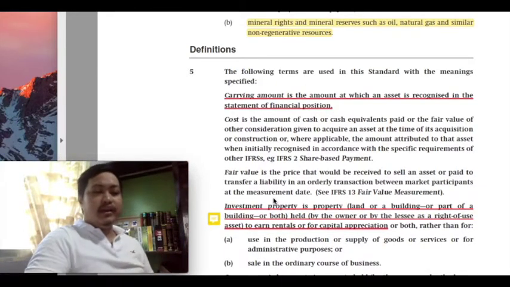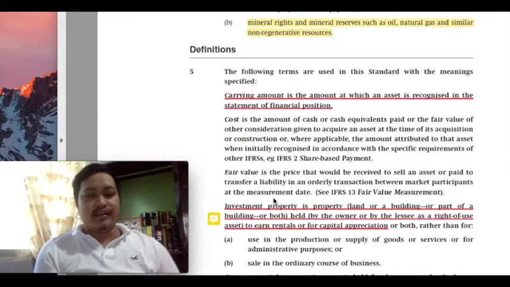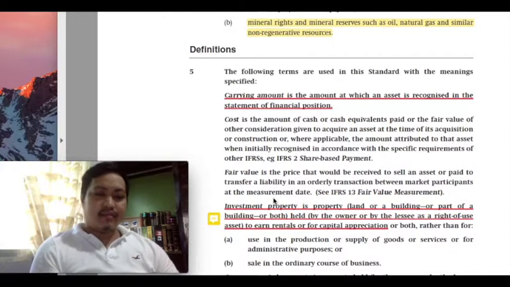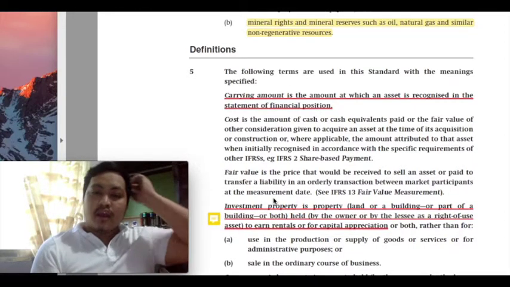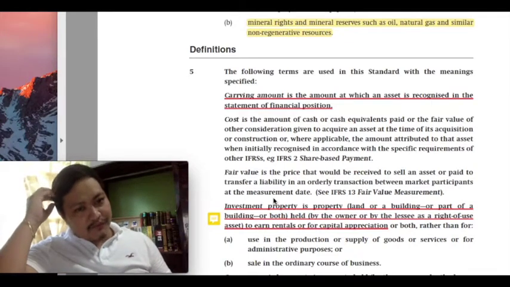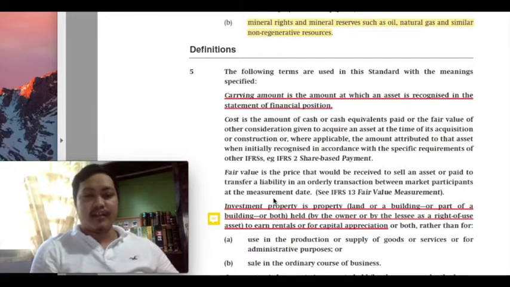So if a land or building is held for purposes of earning rentals, class, then that land or building will be classified as an investment property. If a land or building is held for capital appreciation, then such property would be considered as an investment property. Okay.